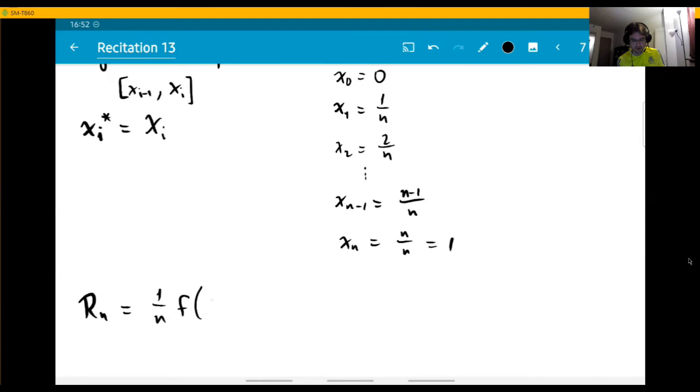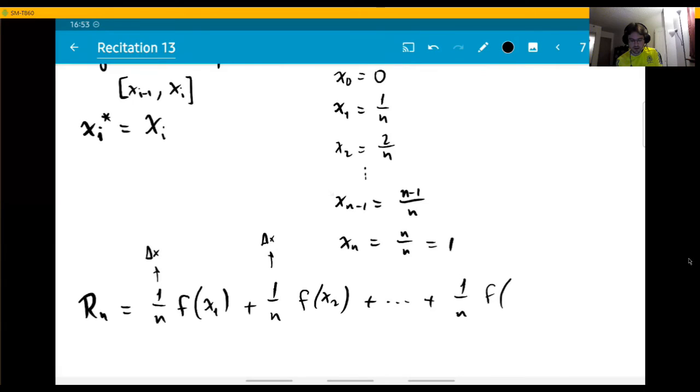And then you're selecting f of x1. Now, when you look at the second interval, from x1 to x2, once again, the delta x is the same. It's 1 over n, the difference between the two numbers. Because this is a regular sum, the delta x's are always 1 over n. And now the sample point chosen in the second interval is x2. Finally, all the way to the last one, here the last interval goes from xn minus 1 to xn. Those are the 2 points. The right endpoint is 1.